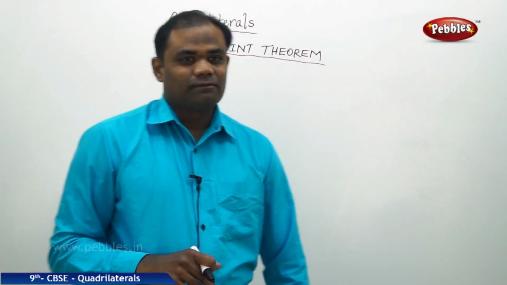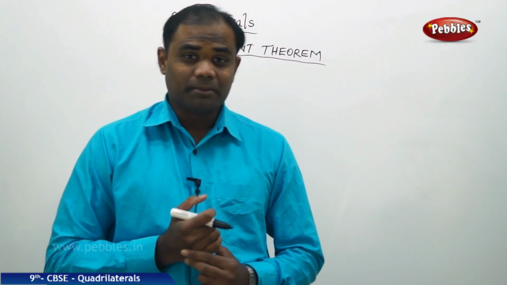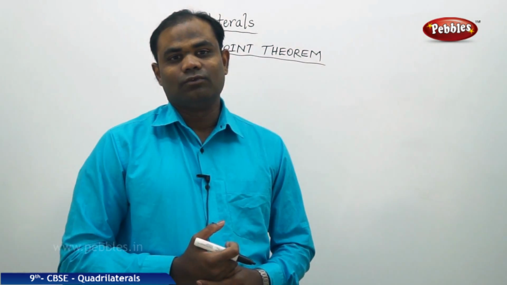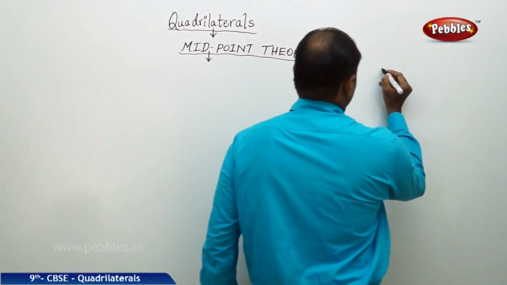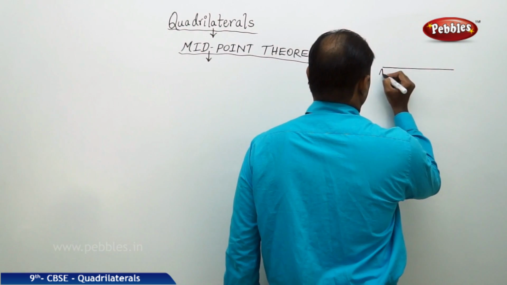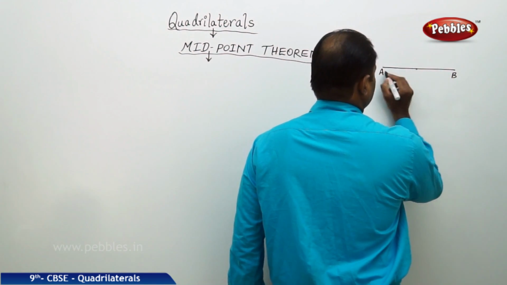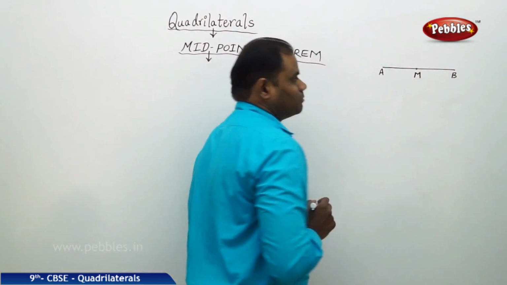As the theorem itself says, midpoint, this theorem is related to a midpoint taken on a line segment. We all know what a midpoint is. Just to recap, if I take a line segment AB, then exactly the middle point, which is exactly in the middle of A and B, is called the midpoint.